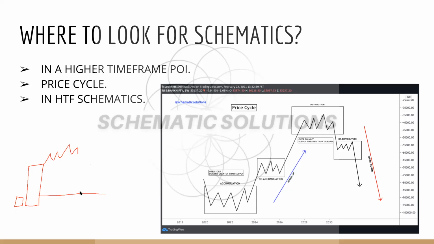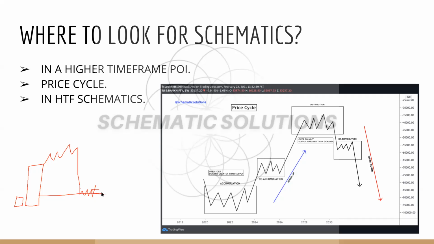If they're mitigating out of their position and opening more buys, they're going to be getting their orders filled. So price is first going to have to drop down here. We're going to wait for price to come in here and build the schematic. Once we break structure, that lets us know the institutions have all their orders filled and they're ready to take off.